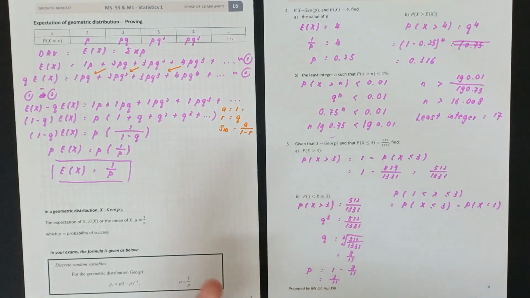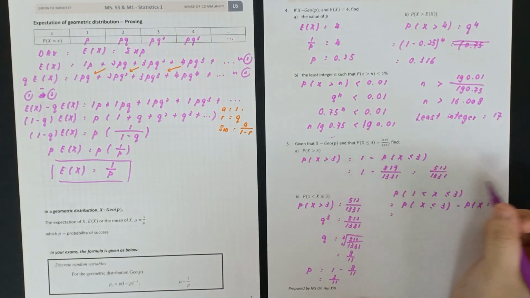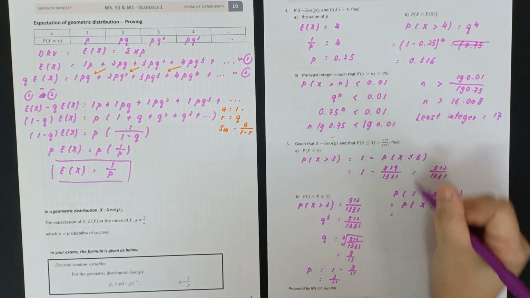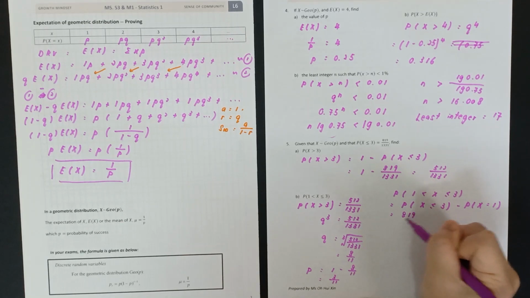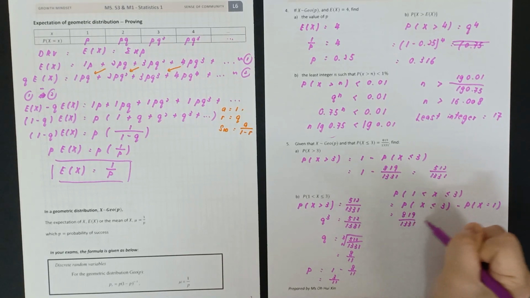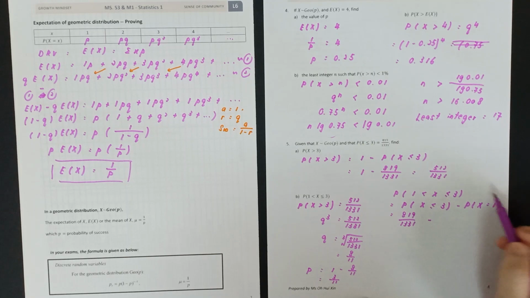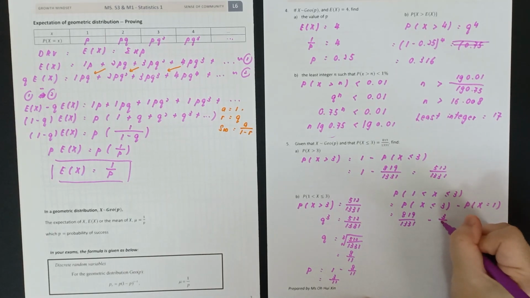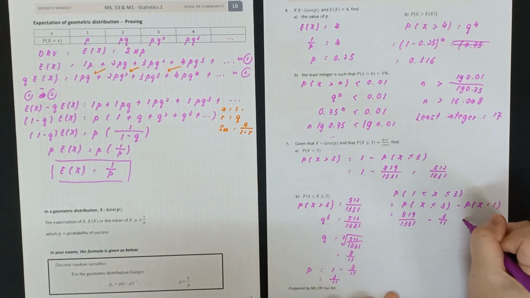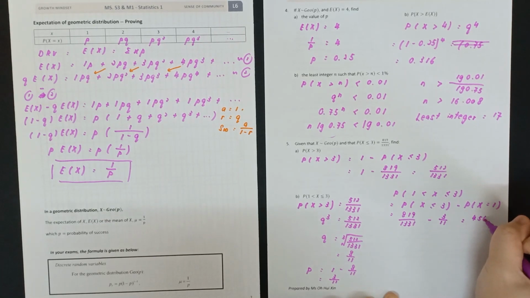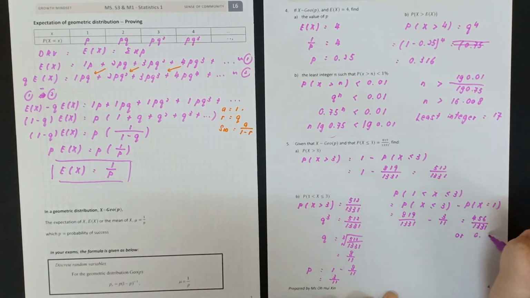Then I'm finding 2 and 3. So for this one, I use the information given in the question, then I'm going to minus P(X=1), which is basically p, so that's 3 over 11. So it will give me 456 over 1331, which is basically 0.343.